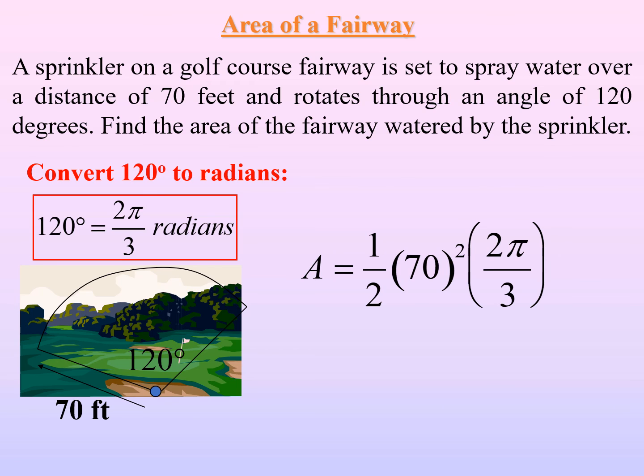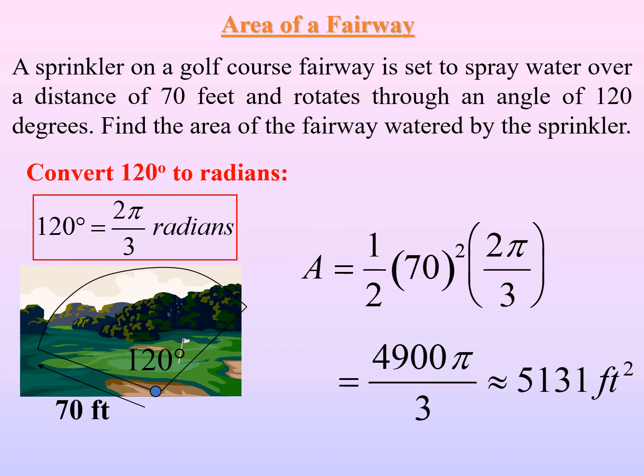So since we have already our angle expressed in radians, we can substitute it already. So simplifying further, we have 4,900 pi over 3, and using the calculator, it is approximately equal to 5,131 square feet.